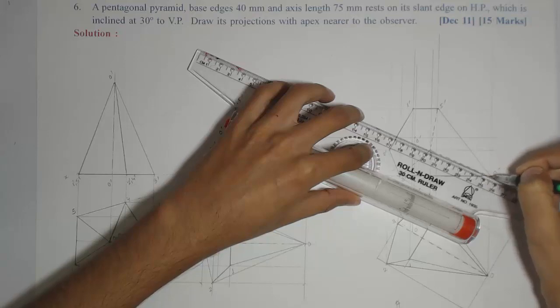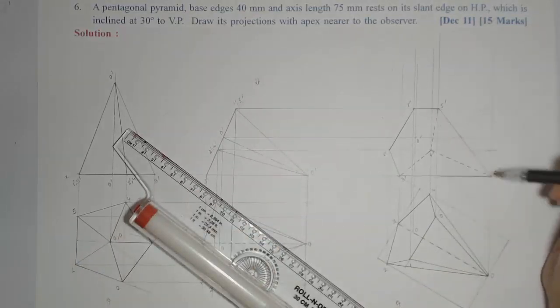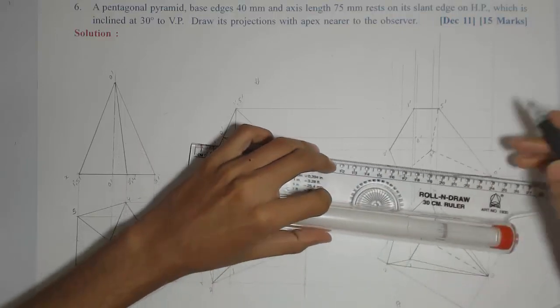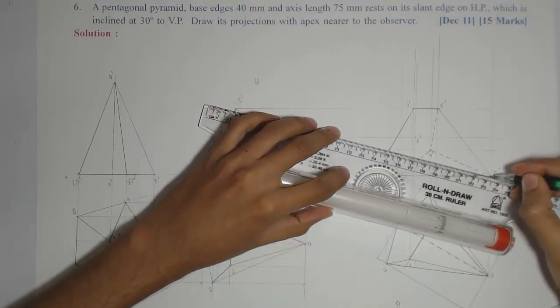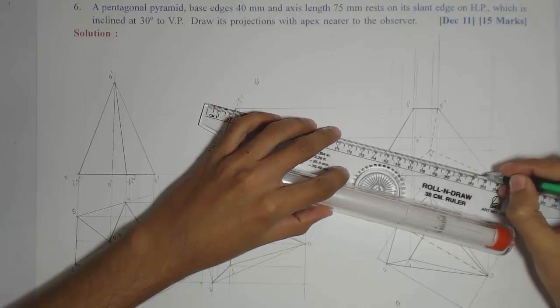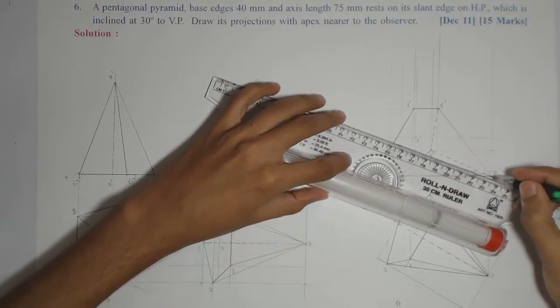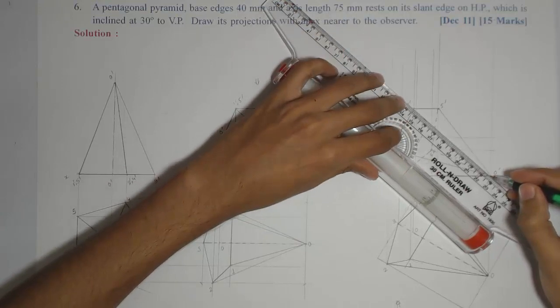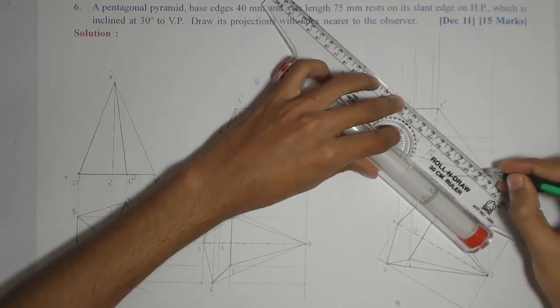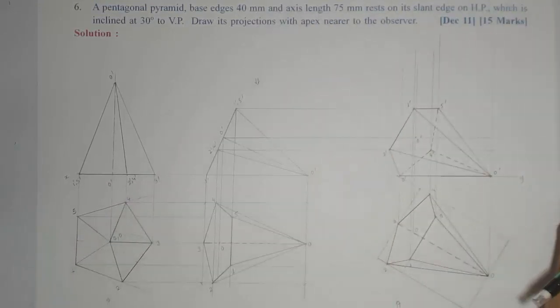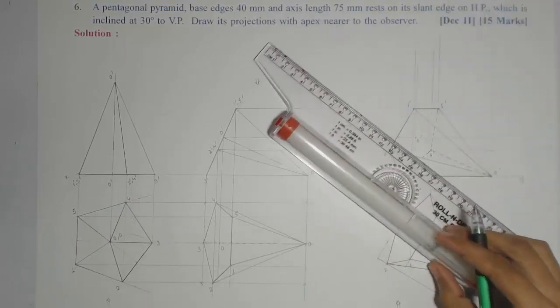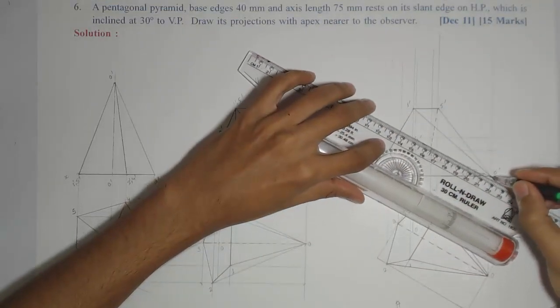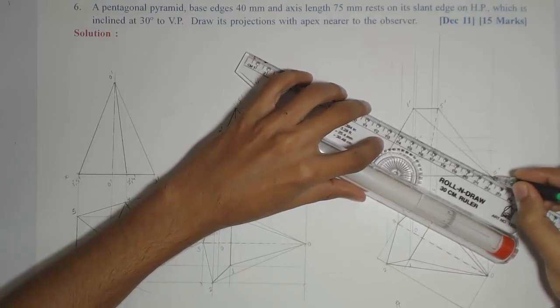Now we are left with only 2 slant edges, which are 1 dash O dash and 2 dash O dash. Since both are nearer to the observer, as 2 O and O 1 in the top view, those will be marked dark. Okay. Now the remaining part is marking the axis O dash, with a long dash, short dash line.